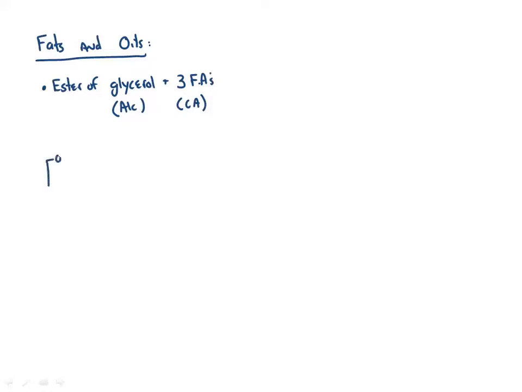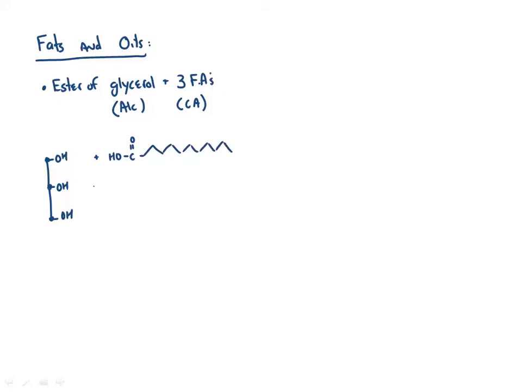line drawing, it kind of looks like this. Where remember, these are carbons right here. So glycerol is a 3-carbon molecule with 3 OH groups on it. And then we add 3 fatty acids to it. So here's a fatty acid.